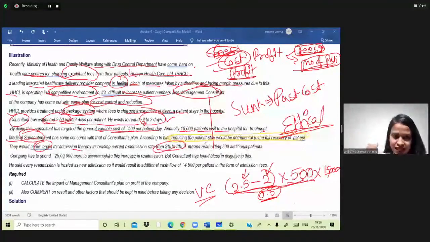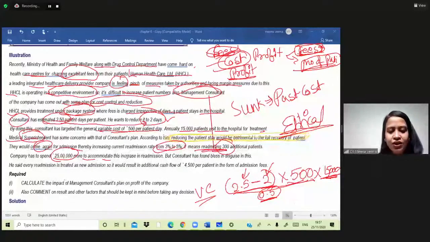If the same patient comes again, it will be considered a readmission. So it means 300 additional patients out of these 15,000 will come to the hospital for treatment.